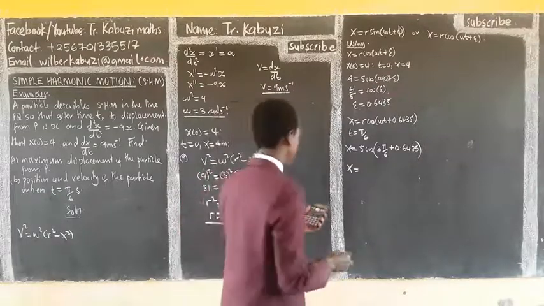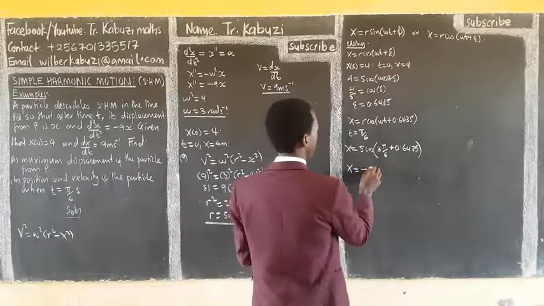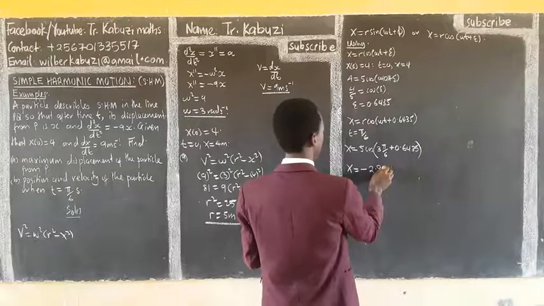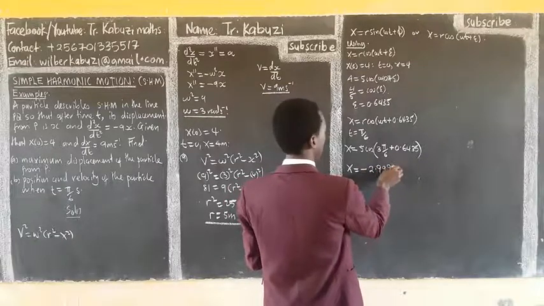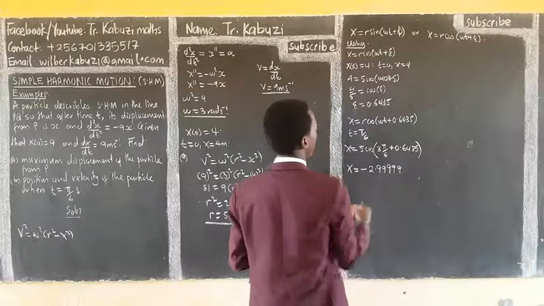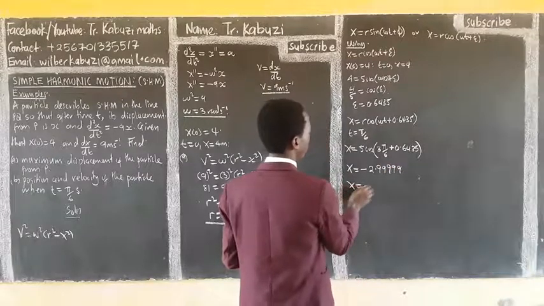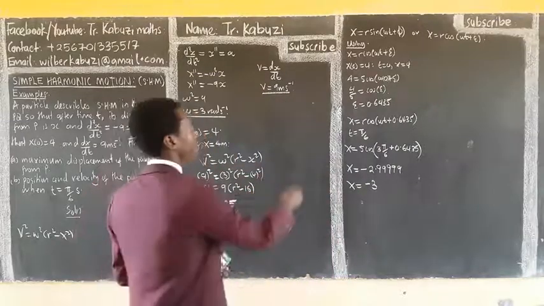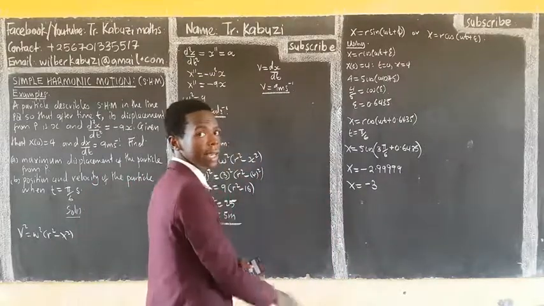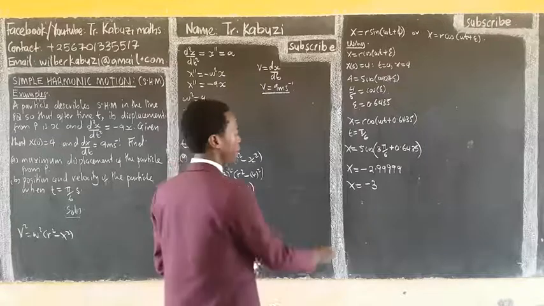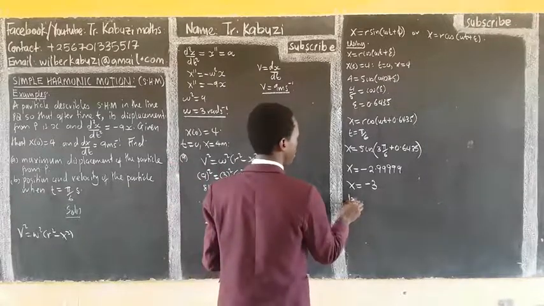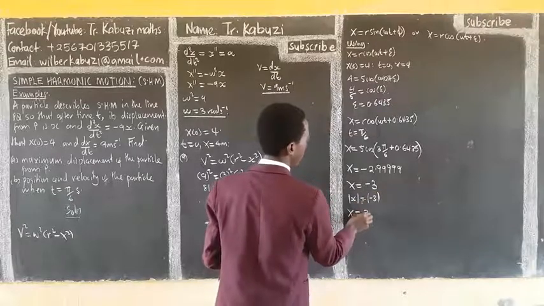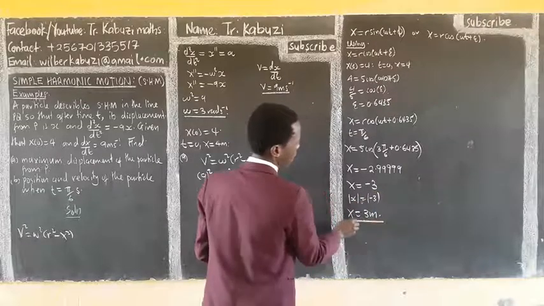You see the answer I'm getting is negative 2.99999, which when I round off, I get negative 3. Whenever I say negative, it means the particle was below the equilibrium position. So the magnitude is 3, and our x is going to be 3 meters.